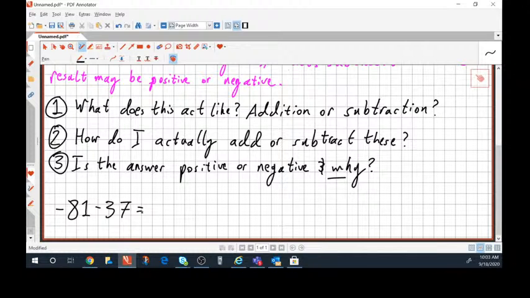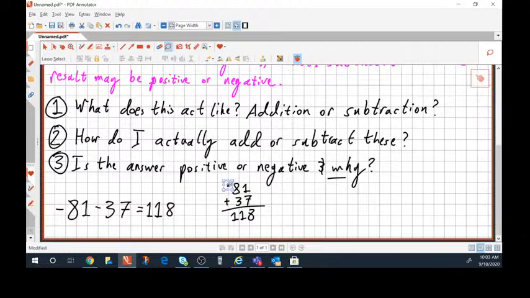Now, how do I actually add or subtract these? I would add 81 and 37, forgetting the fact that it's negative for just a moment. 8, 8, 9, 10, 11, and it becomes 118. You know, I actually don't like that 1 right there. Makes it look like that was 181, so I'm going to carry him up there. There we go.